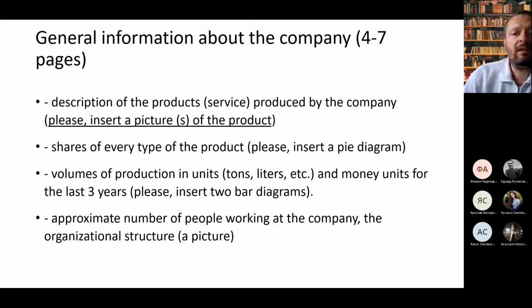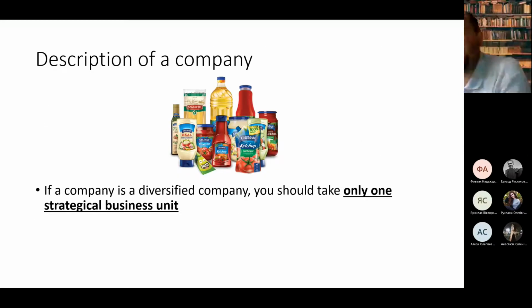And finally, if the company is a diversified company, you should mention that the paper will be written about one strategic business unit. For example, if you choose Chumak, okay, I am writing this paper about ketchup. And in your further work, you will describe only this very part of the company.